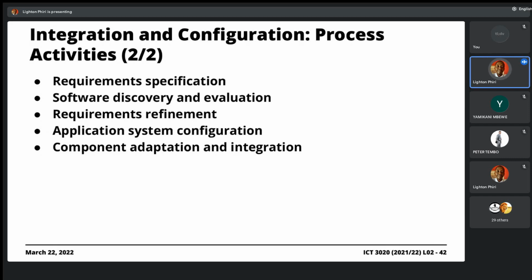I've never used Yarn myself, but there are so many different repositories that you use to pull reusable components from. This is how important integration and configuration is. And then you have to refine your requirements so that whatever you're building is modified to seamlessly integrate with whatever component you find. Once you refine the requirements, you will configure your application, or alternatively adapt the component and then integrate it with the system.